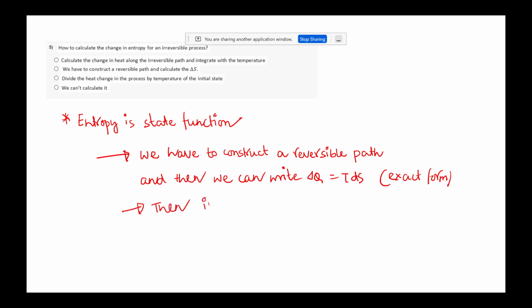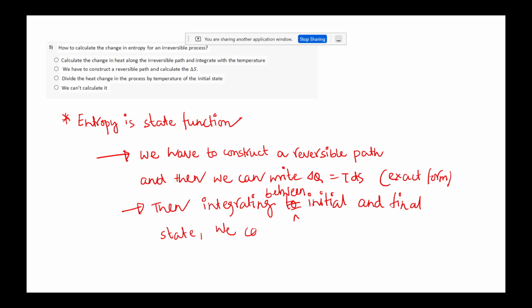Then integrating between the initial and final state, we can get delta S. So option 2, the second option, will be the correct option.